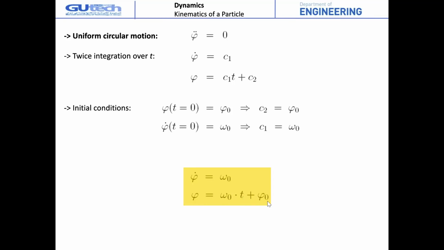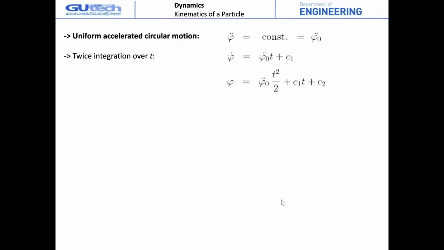plus phi 0. If we now take the case of uniformly accelerated circular motion, that means phi double dot is equal to a constant. In this case phi dot, the angular velocity, is linear with time plus C1, and phi is quadratic with time, with a second constant of integration.